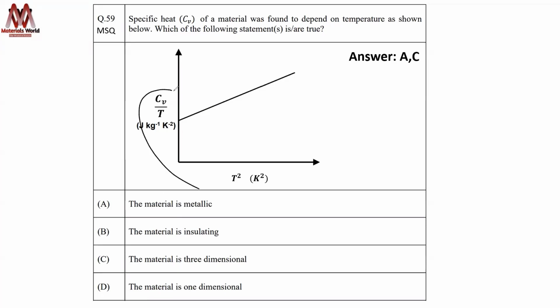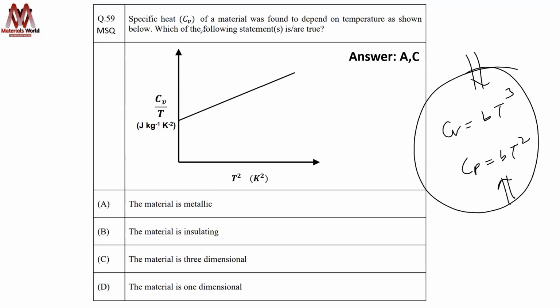So if you see this, Cv by T is Y, and it is a linear line. So y equals mx plus c. What is x? x is your T squared. So y, my Cv by T, equals m times x, where x is T squared, plus another constant c.